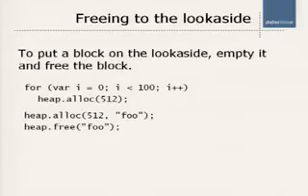I was working on this exploit where the program was allocating, I think, 3 blocks of a certain size, and then the 4th block was the one that I had to control the contents of. It was an uninitialized memory bug. So what I did in that case was I emptied the look-aside, and then I freed 4 blocks of that size.